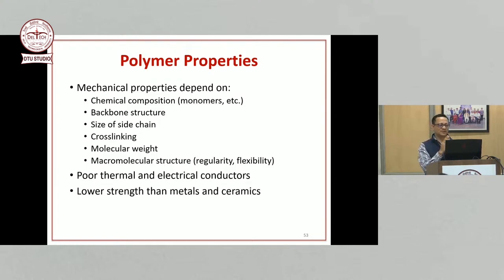Which one do you think will be the high density polymer and which one will be the low density polymer? So one has chains without side chains. The other has side chains going on. Which one will be low density? Which one will be high density? Think.